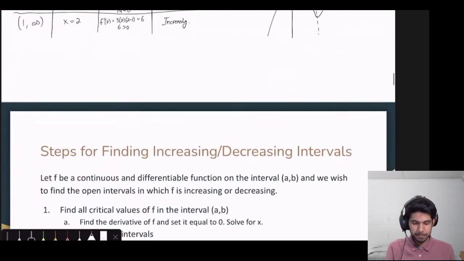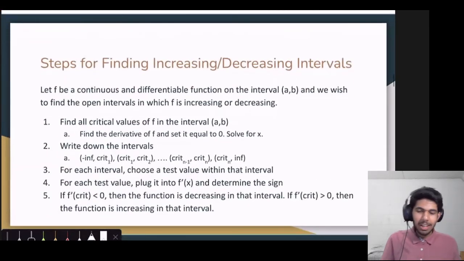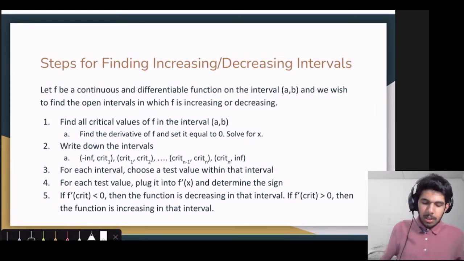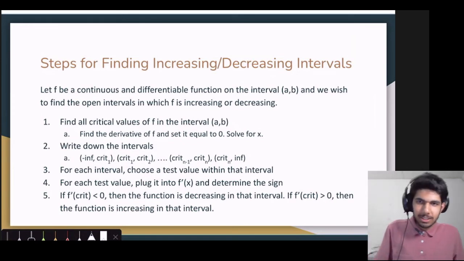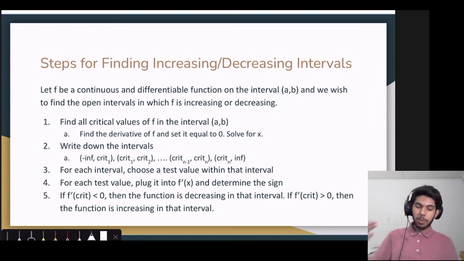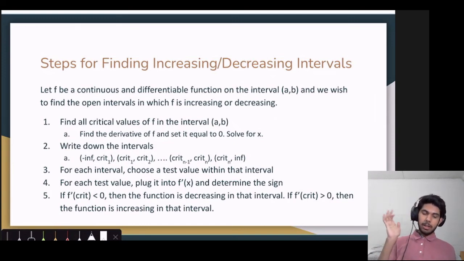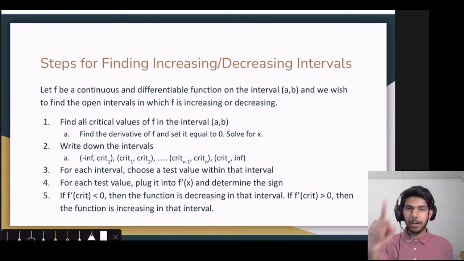Pretty fun problem. Now I realized that doing that was a little bit challenging without really figuring out what we're doing. So I developed these steps for finding increasing and decreasing intervals. And this is just explaining what I just did. So f is a continuous differentiable function on the open interval. We want to find the intervals in f where f is increasing or decreasing. First step, which is what we did: we found the critical values of f in the interval.